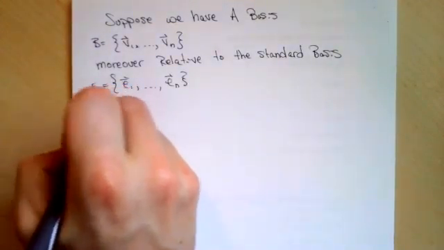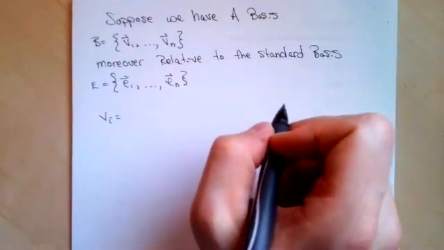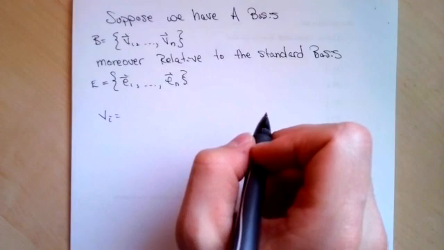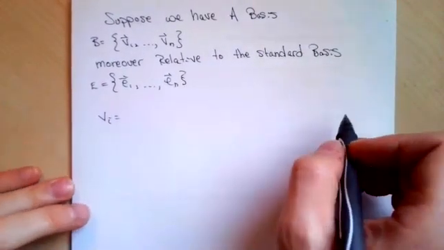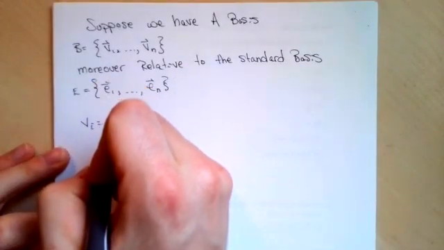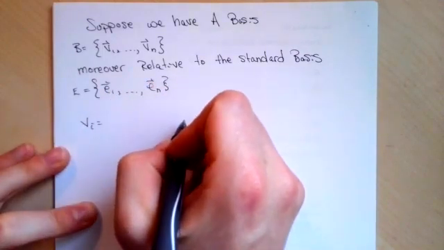So I know that, let's say, vi is equal to, I'm going to change the scalars, let's go ahead and use a's again. And so we're going to get, make sure I put the indices in the correct order.